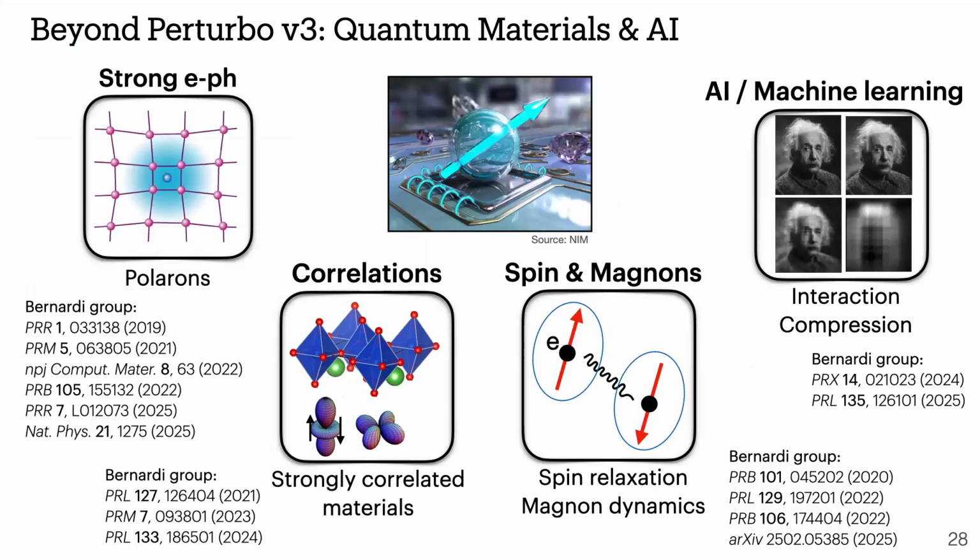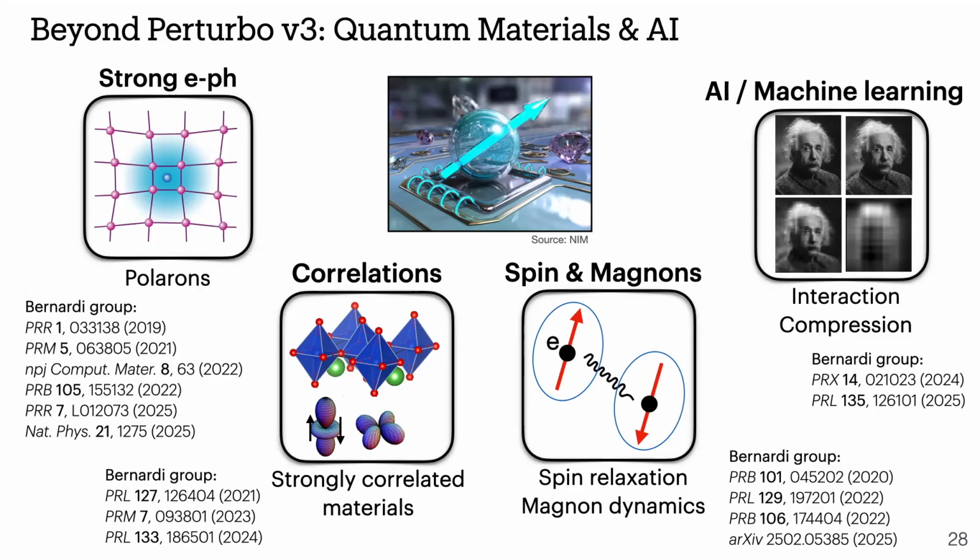In particular, our focus for future releases is going to be on capabilities to study quantum materials, as well as the machine learning/AI frontier to make these calculations faster or to generate entirely new workflows.